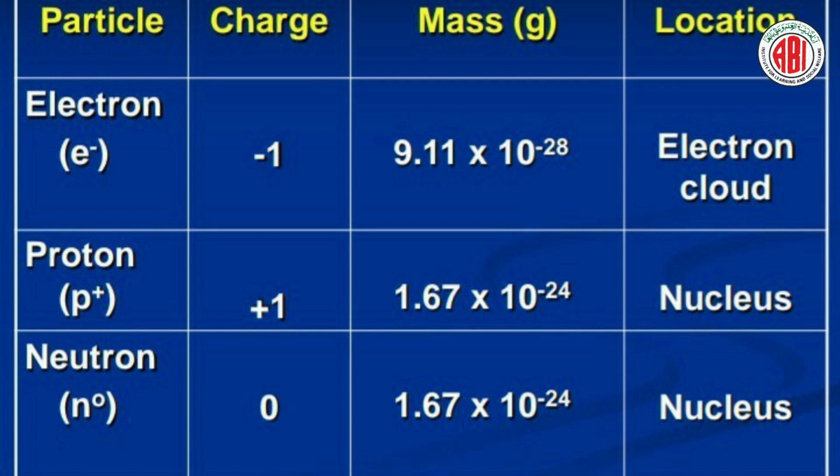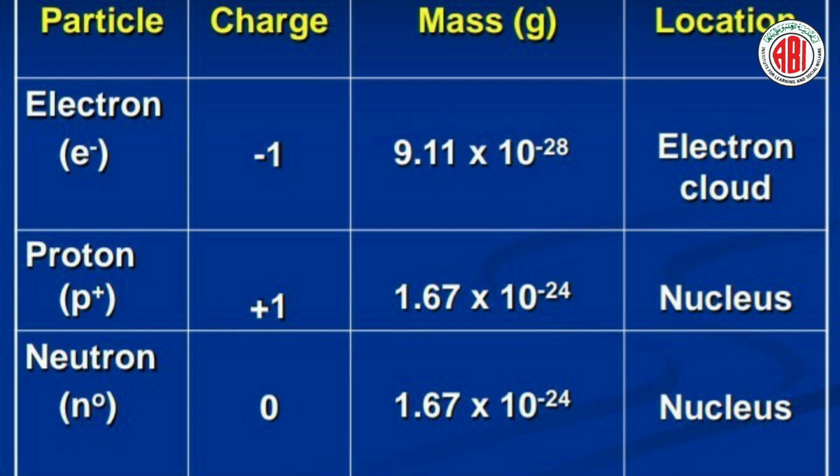The charge of the electron was discovered by Millikan's oil drop experiment. The charge of the electron is 1.6022 × 10^-19 coulomb. Similarly for the proton, it is almost the same, 1.6022 × 10^-19 coulomb.